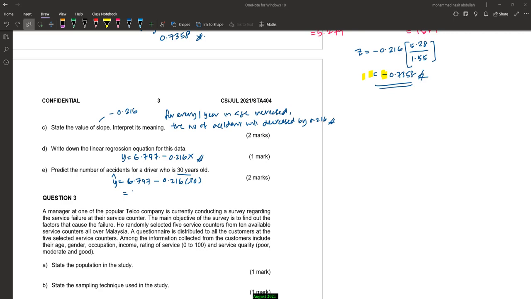Can you calculate now? Berapa dapat? Zero point 0.267, right? Okay, good.